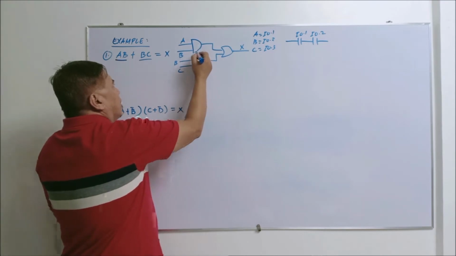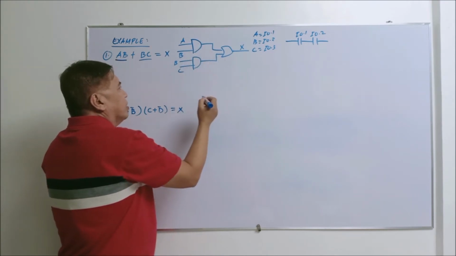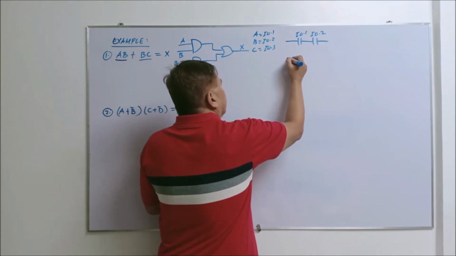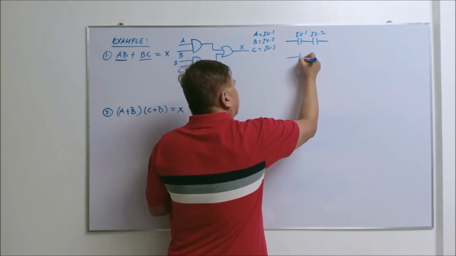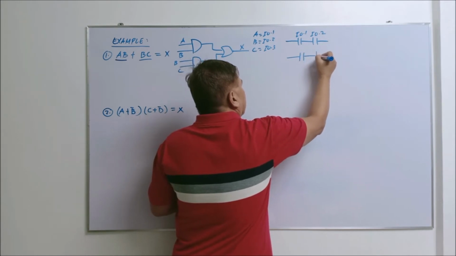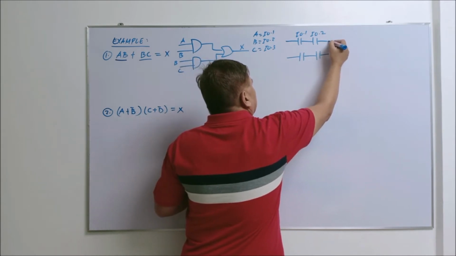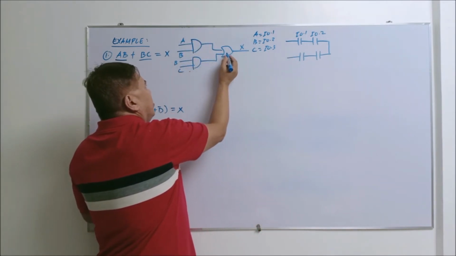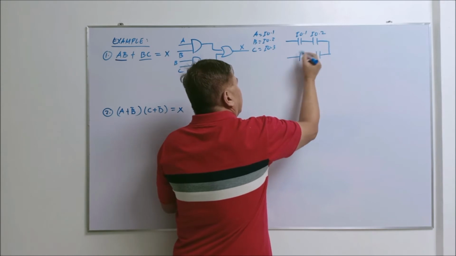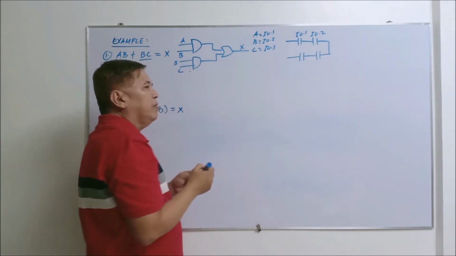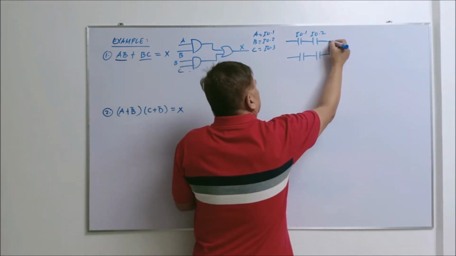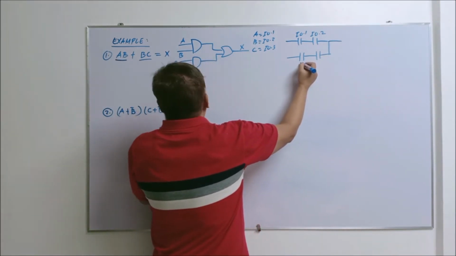Okay, and these two AND gates are being ORed together. So in other words, BC here will be written in this particular area. Then they are being ORed together, so they should be connected in parallel, because OR gate means parallel connection. This is your B again.